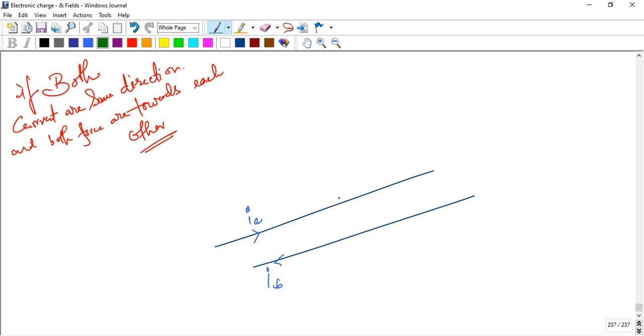You see that IA creates a circular path, and obviously the field directions are downward, and they should be like this. Right hand thumb rule.